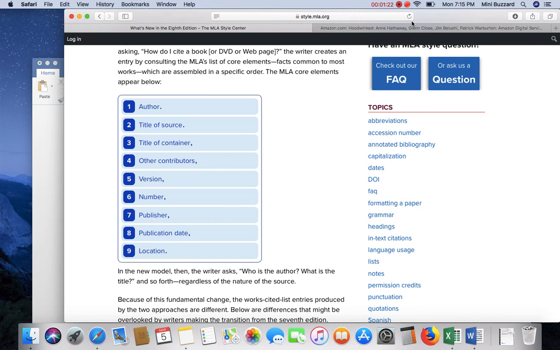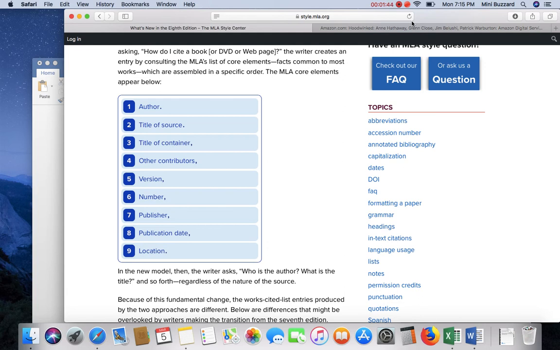So when the new MLA updated, one of the things that the editors concentrated on is, instead of having these thousands of different models that students would need to look up in a book, find the model, and then try to emulate the model, which they were often not successful at because they didn't understand what exactly was going on in the model.